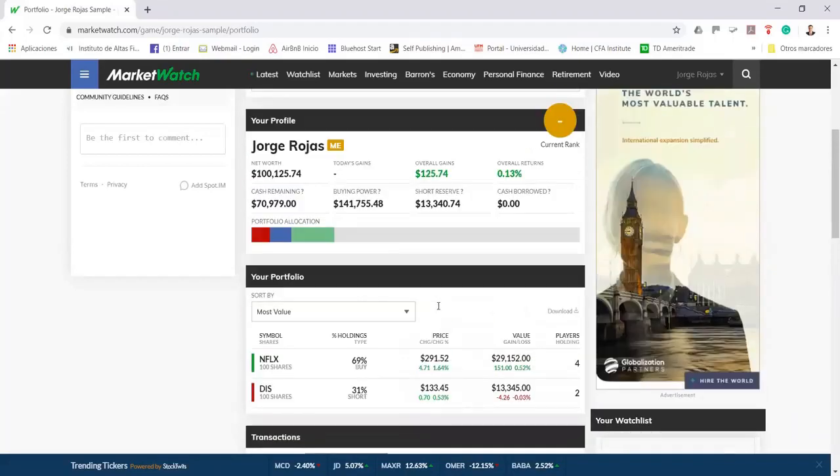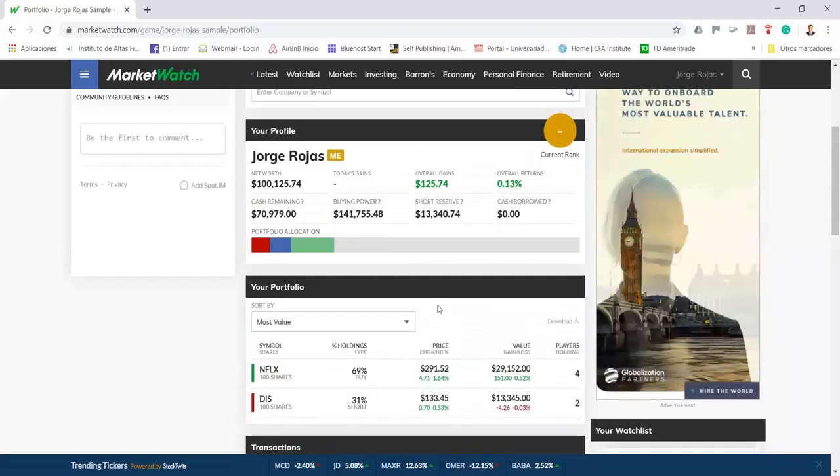So now let's assume that for the Netflix orders, as you can see, the price is somewhere around 290. Let's assume for whatever reason that you're worried that the price will go below $280. Let's say that you want to keep this position as long as the Netflix price is above 280.